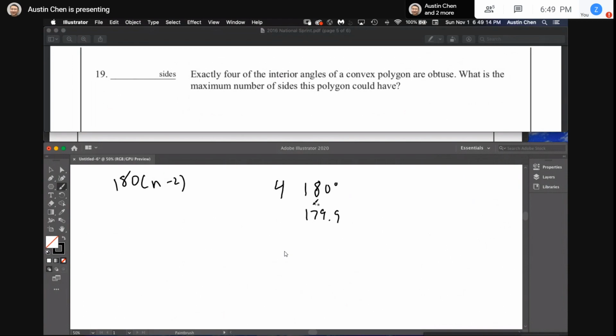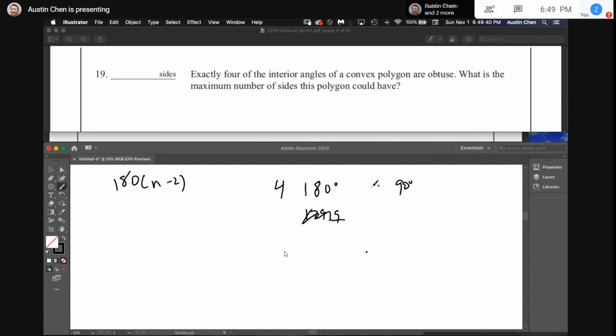So right now we're going to make the obtuse angles 180 degrees, basically the biggest that they could be, right? And we know exactly 4 of the angles are obtuse, right? So the other angles have to be acute, and we want to maximize those as well, right? So we're going to make those as big as they can be, which will be 90 degrees, or the limit to 90 degrees, right?